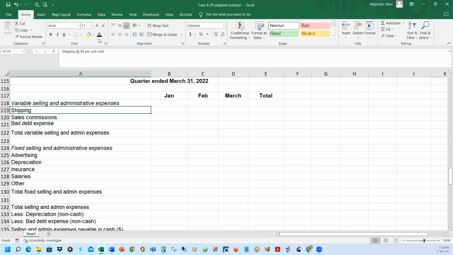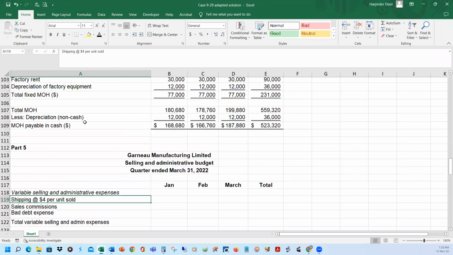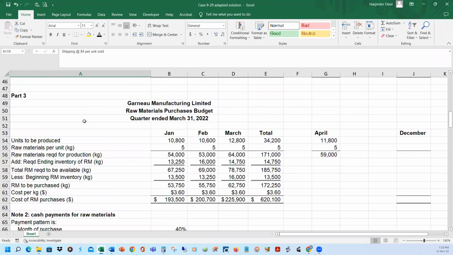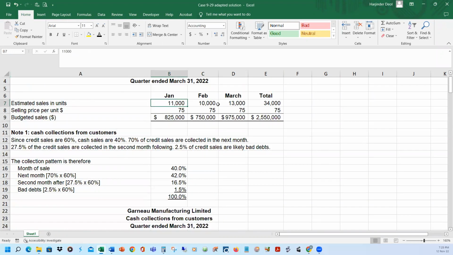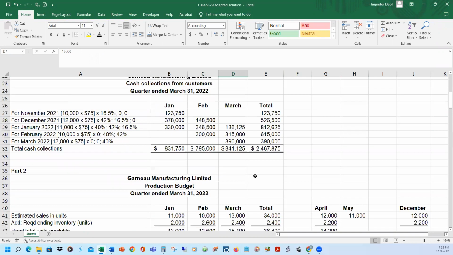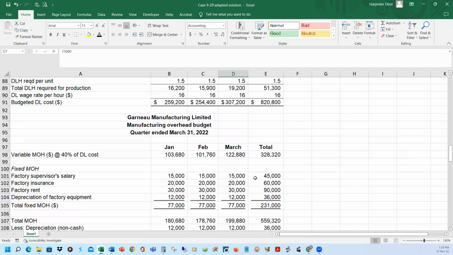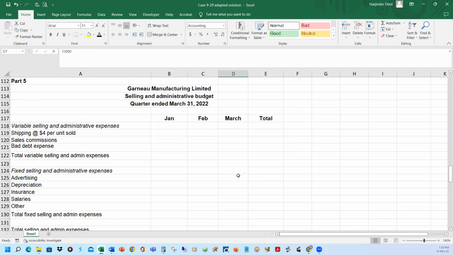So easy part first, shipping is $4 for each unit sold. The number of units sold we can get from the sales budget, 11,000 in January, 10,000 in February, 13,000 in March. If you multiply each of those with $4, we get shipping expenses of $44,000 in January, 40,000 in February, 52,000 in March.